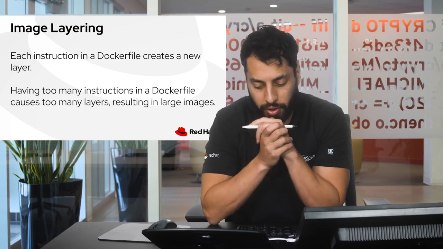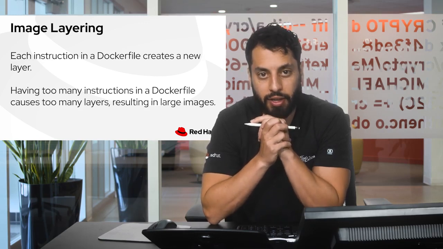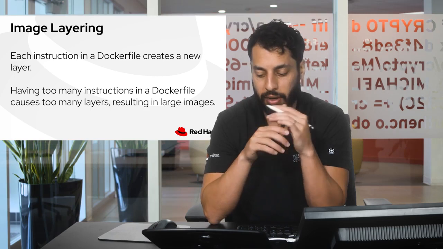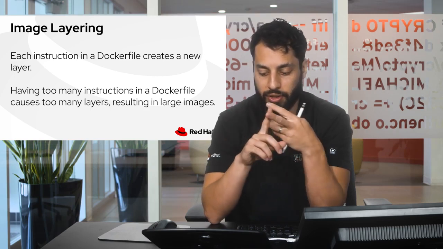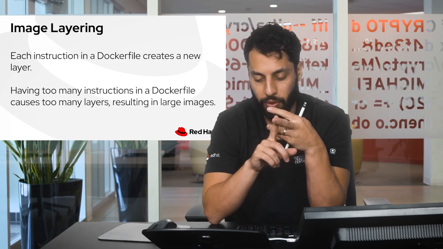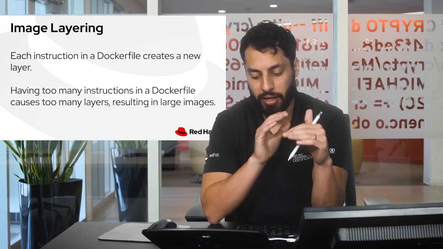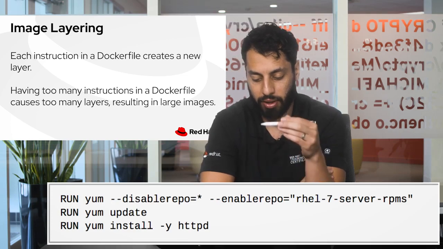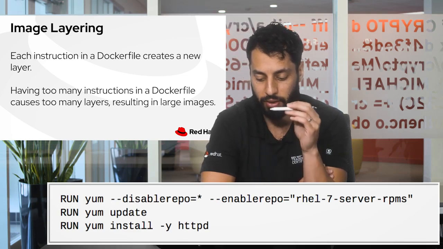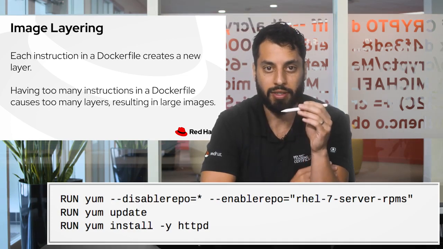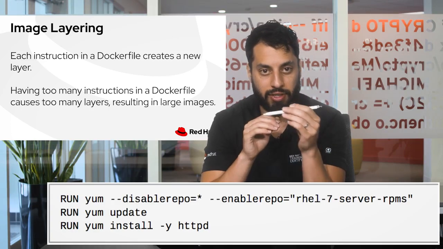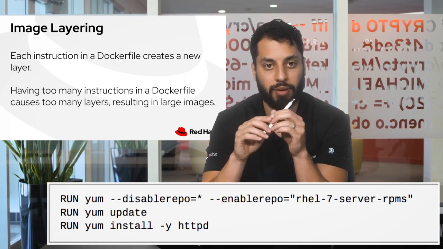Image layering. Another important aspect of Dockerfiles is that you want to be very aware of how they are written, and you want to make them as readable and as efficient as possible. One thing to know is that every time you do a run instruction, like for example, down here we're running 3 yum run instructions in a row, it's creating a layer to build that image every single time we do a separate instruction.